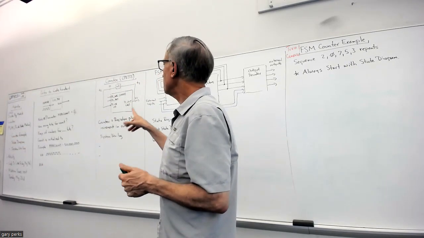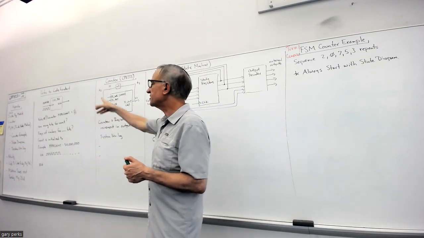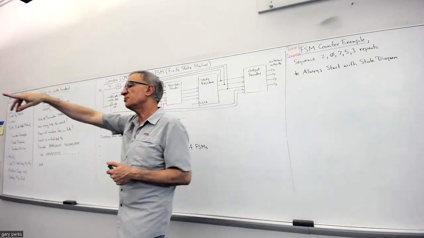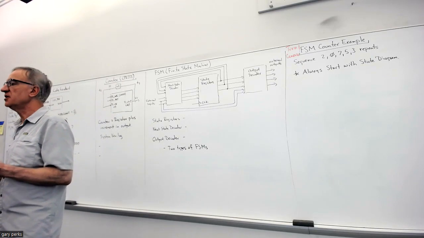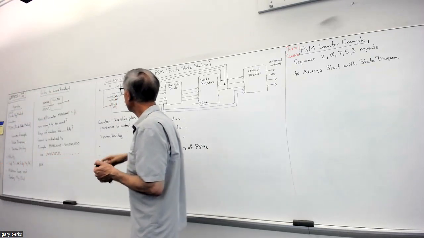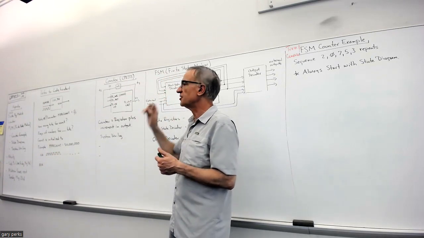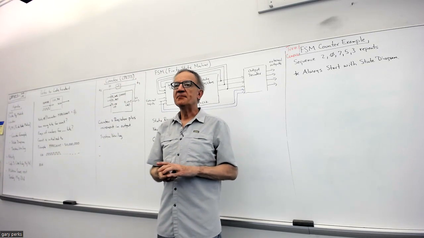Now, there's a few things I want to talk about before we get to the FSM. One is a clock divider, and on each table I put code that models the clock divider, and we'll go through that example. Then I just want to talk briefly about a counter. And then the majority of class is going to be on an FSM.